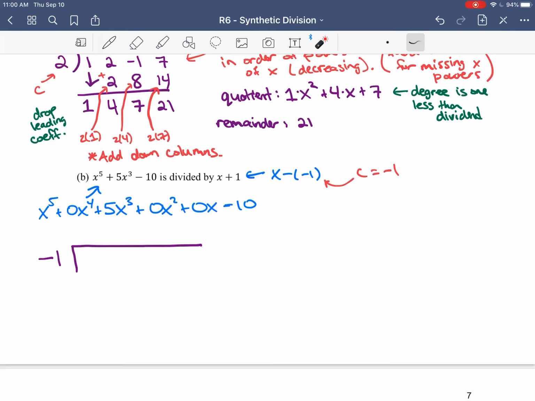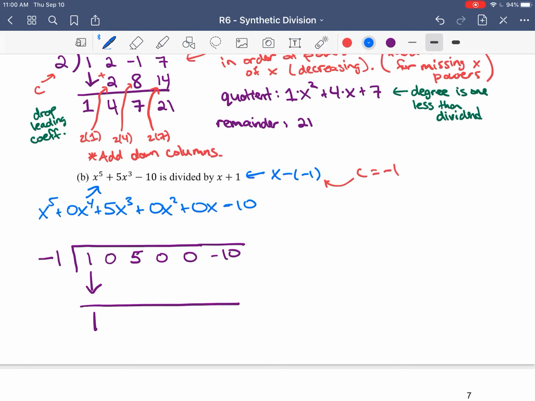So our first coefficient is 1, and then we have a 0, and then a 5, and then 2 zeros, and then a minus 10. The first thing we do is bring the 1 down. Remember that our c value is minus 1.